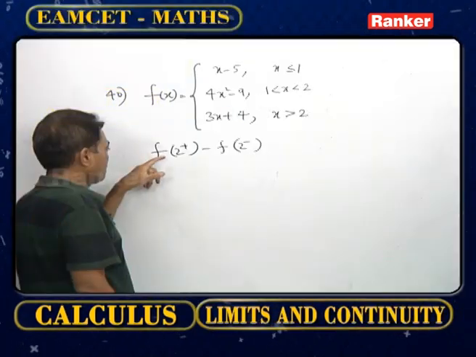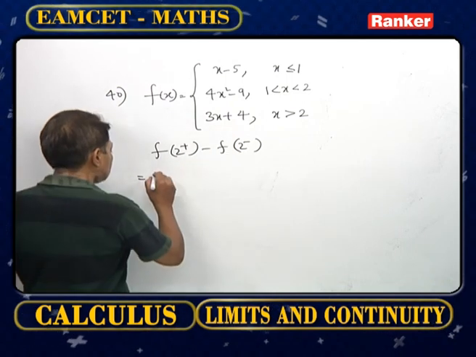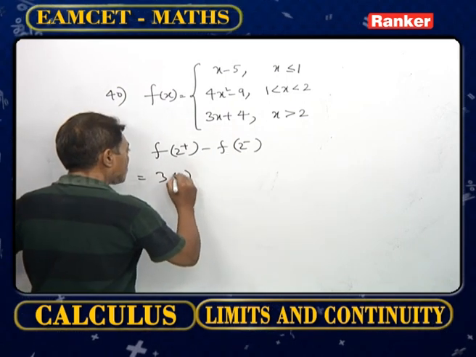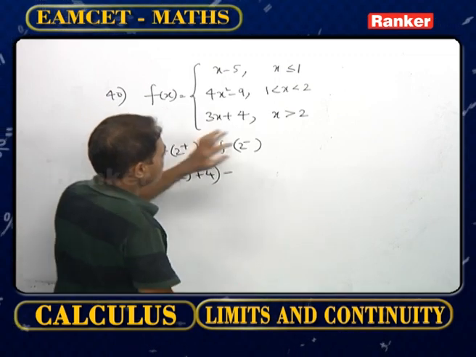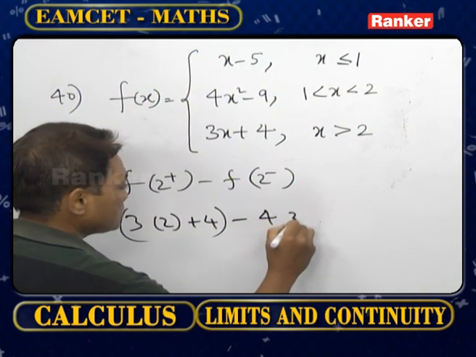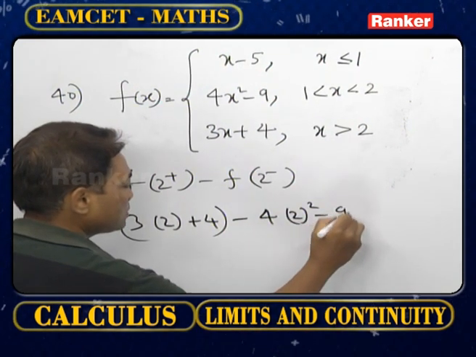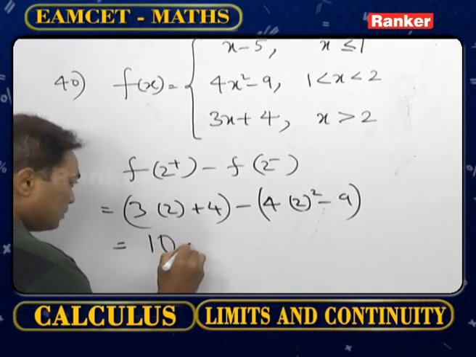Very simple answer. 2 plus means greater than 2. So, substitute 2 here, 3 into 2 plus 4. This is one value. 2 minus means left side of 2, that is 4x square minus 9. Now, let us see the value. 6 plus 4, that is 10.